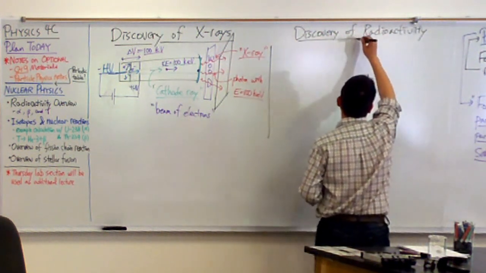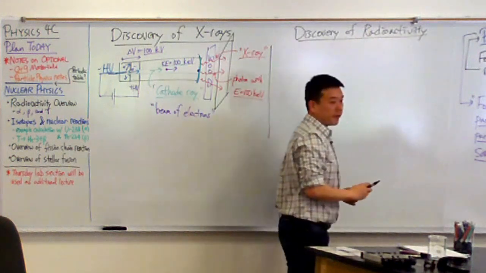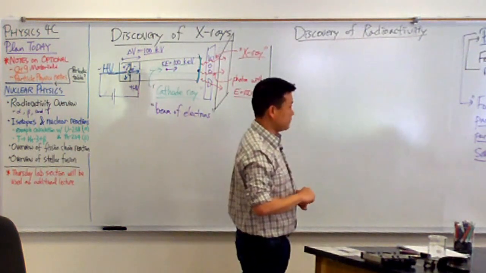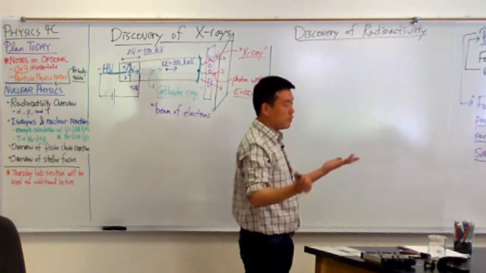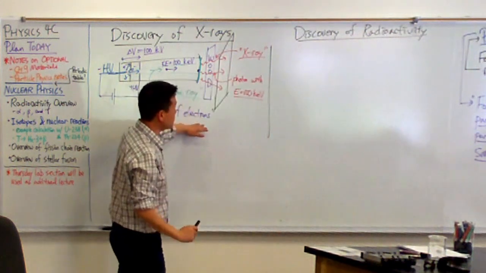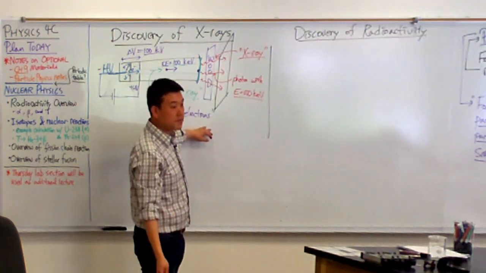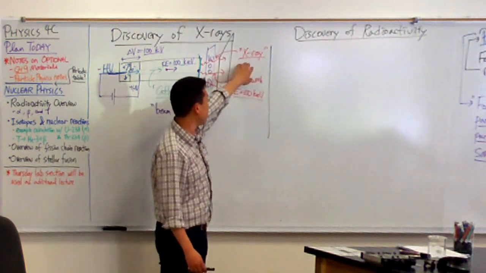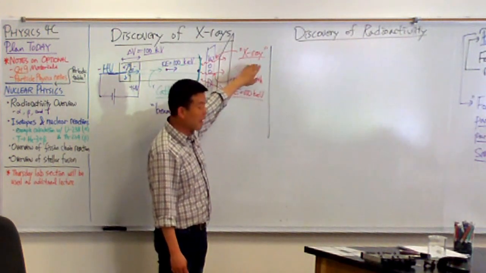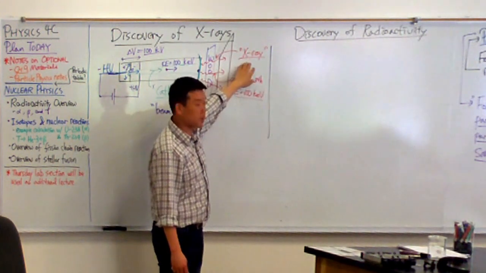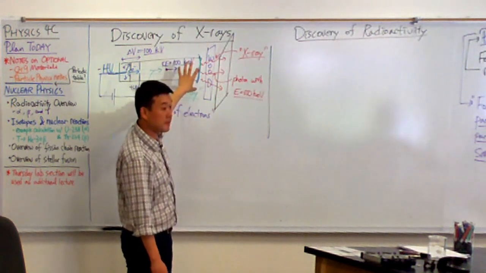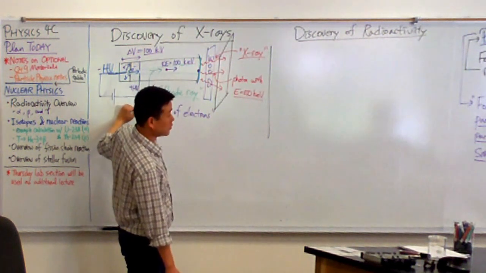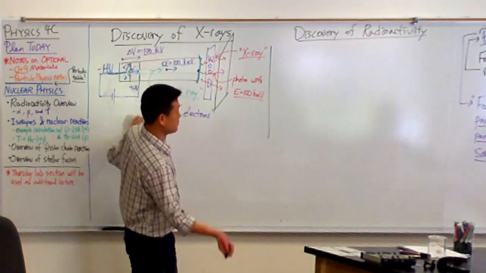And the reason people noticed radioactivity was because people who were working on similar things discovered something that was emitting radiation similar to X-ray. But unlike X-ray, it wasn't coming from a cathode ray tube. It didn't have a power source. You couldn't turn it off. It was just coming from some material.